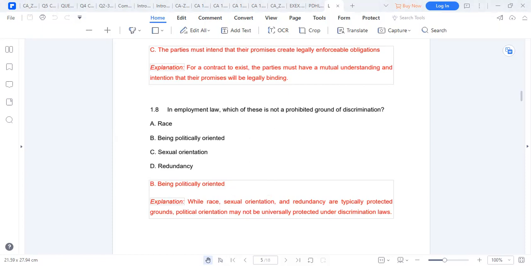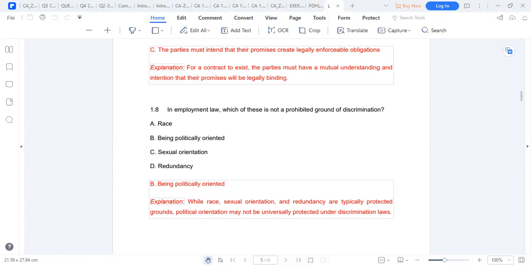Let's look at race. Race is protected in employment law. Discriminating against somebody because of race is prohibited. Employers can be sued for unfair treatment because you are black or white. Political orientation: in many jurisdictions, being politically oriented is not considered protected, whether you're UPND or PF. It used to happen there.